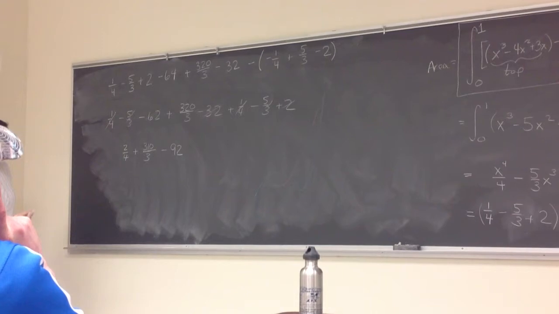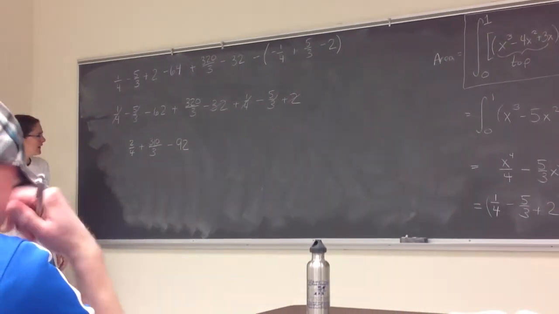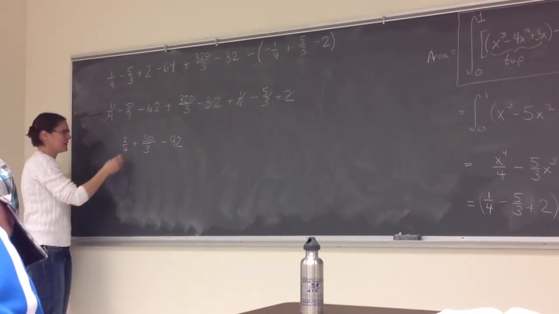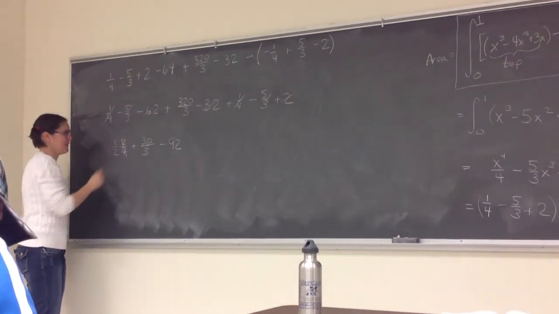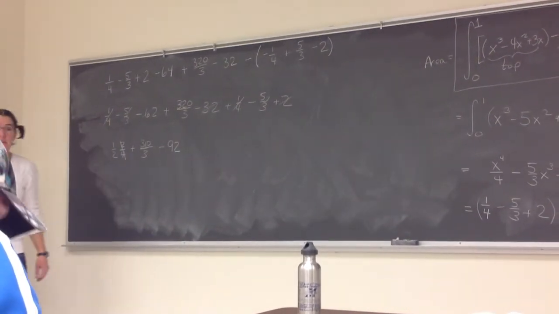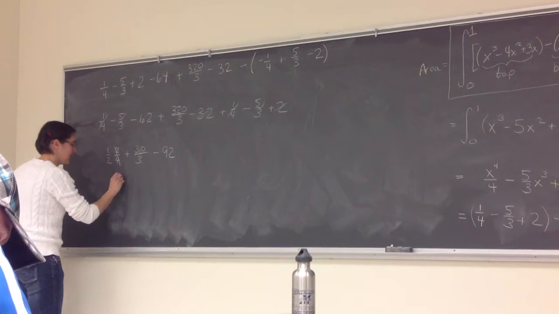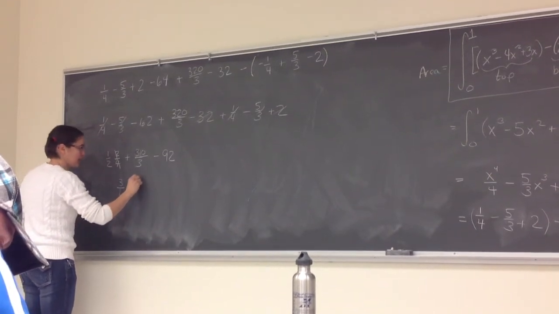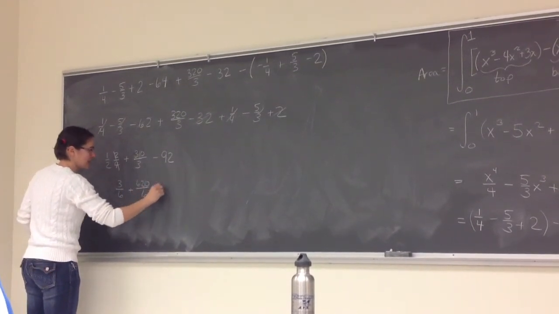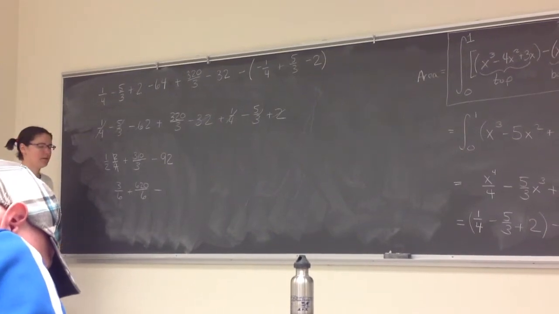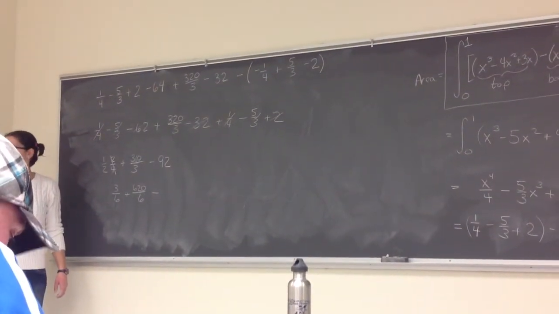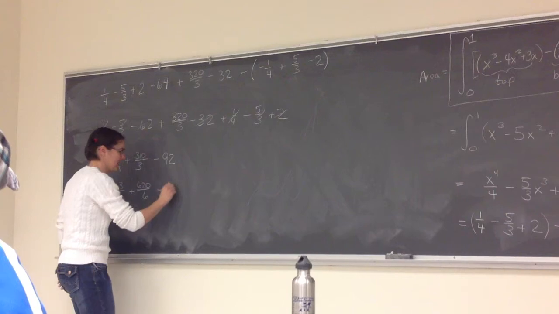Alright, so we're getting closer. This one here we can reduce to a half, so let's write that as a half. And then we need a common denominator if we're going to finish this out. So we've got 3/6 plus 620 over 6 minus, what's 92 times 6? 552. Do I have a second on that number?